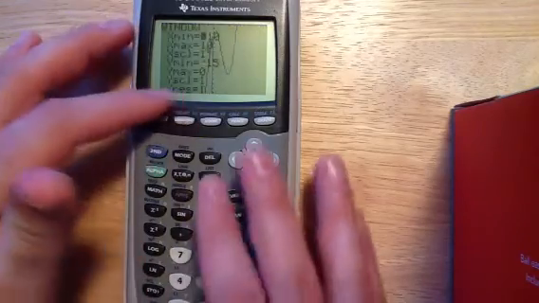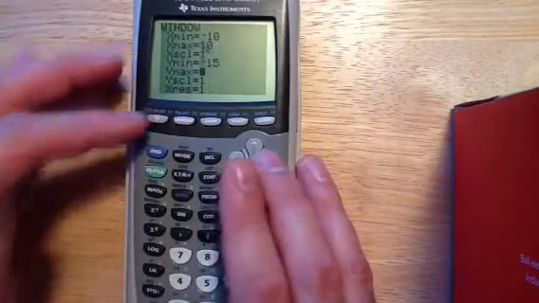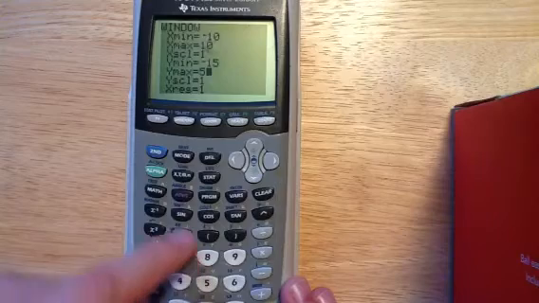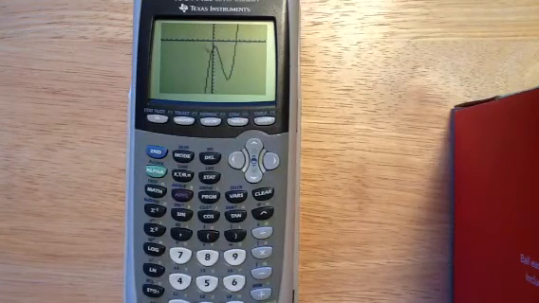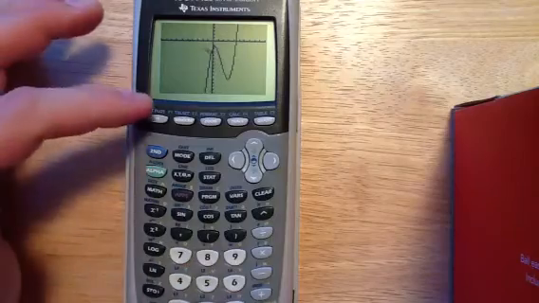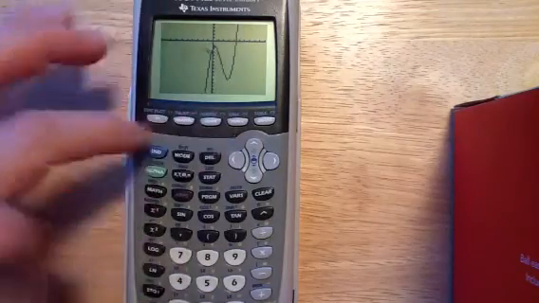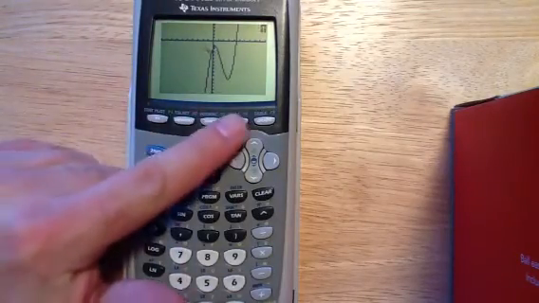Okay, I'm going to change my window just a little bit because that just doesn't seem all that great to me. Alright, so we're going to do a lot of stuff right in the calculate menu. So second trace will get me to calculate.